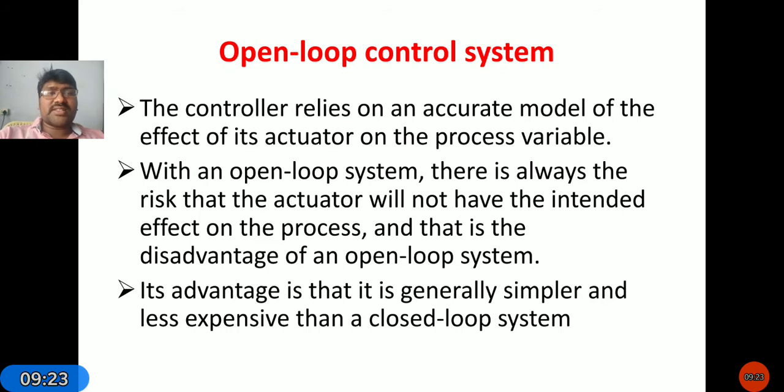Its advantage is that it is generally simpler and less expensive than a closed system. In case of closed system, we need to place some sensors at the output. But in case of open loop control system, we cannot place any sensors, so the operation of the process is very simple compared to the closed loop control system.